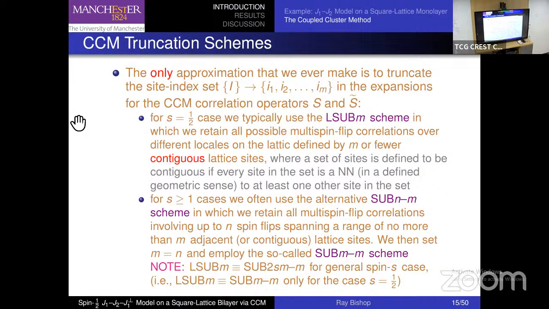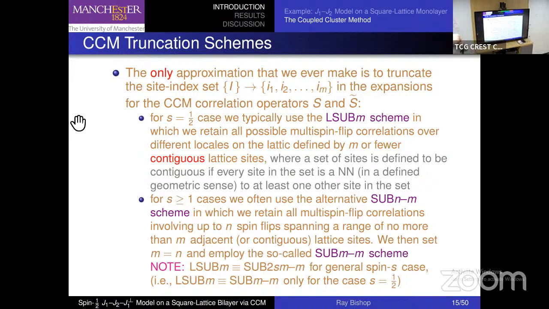Now, the only approximation we make is to truncate this set of indices. And remember what this guy is now. It's just flipping a spin from the model state. It was either up or it was down, and you flip it to what it wasn't. And you do it on m of those sites. And ultimately, you'd like m goes to infinity. But I can't do that, right?